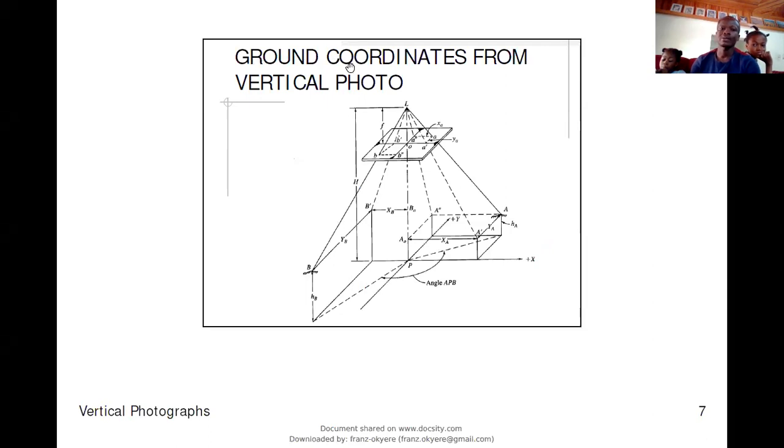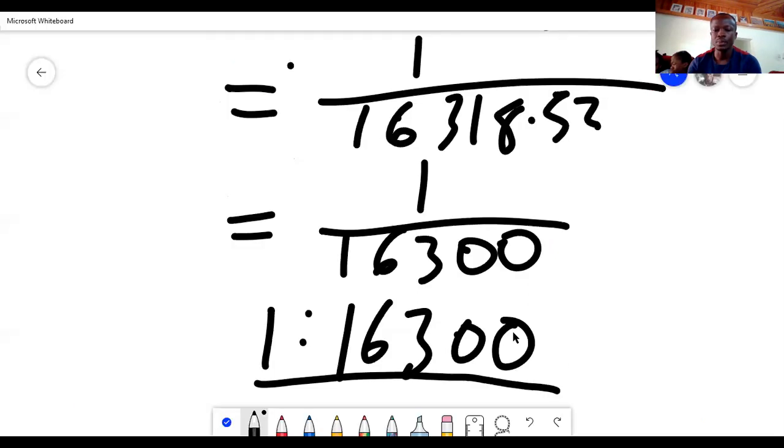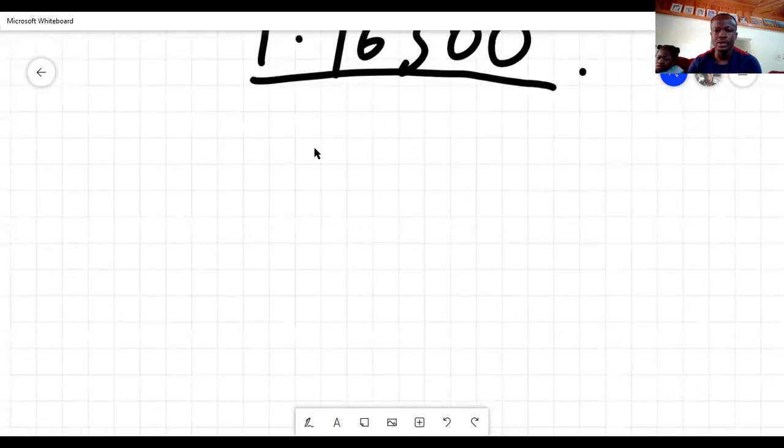We're going to talk about ground coordinates from vertical photos. Okay. Ground coordinates. So what are ground coordinates? Ground coordinates are like coordinates on the ground. So we can have the coordinates per the photo, and you can have the corresponding coordinates on the ground. So I'm just going to overemphasize, so that we don't get confused.